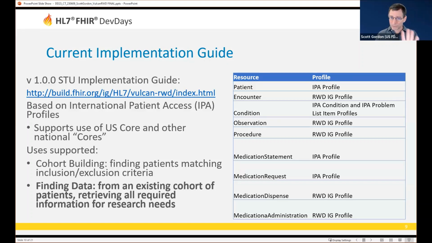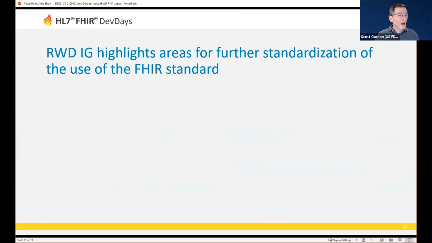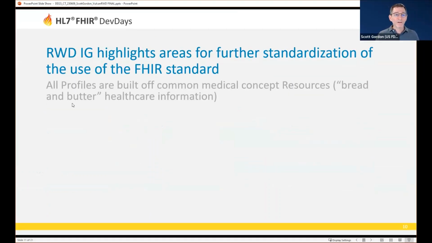But this is where this version 1 IG is currently at. The IG highlights areas that we would think would be good for further standardization of the use of the FHIR standard. So all these profiles, like I said before, are built off of common medical concepts.